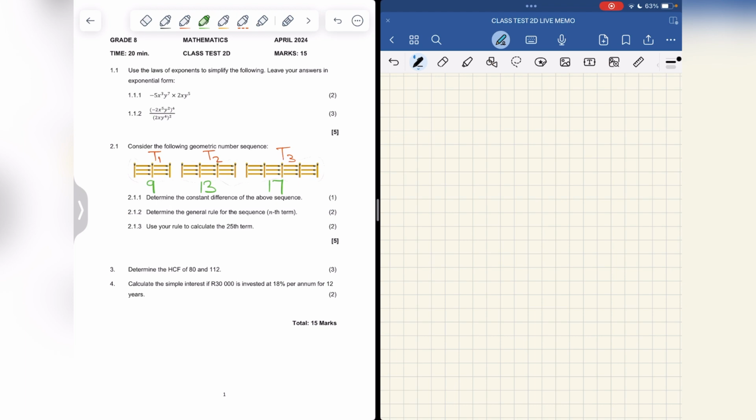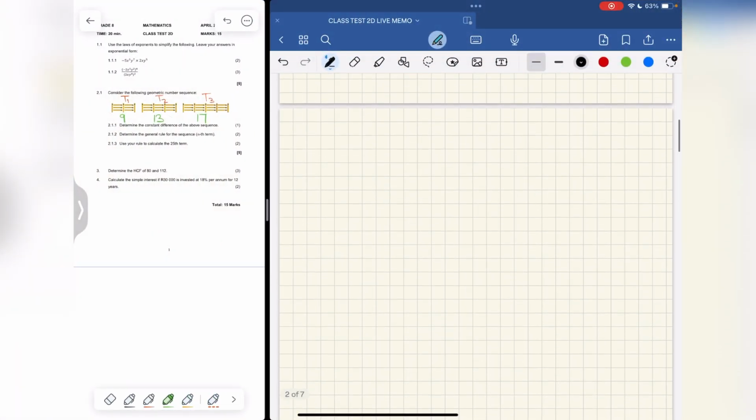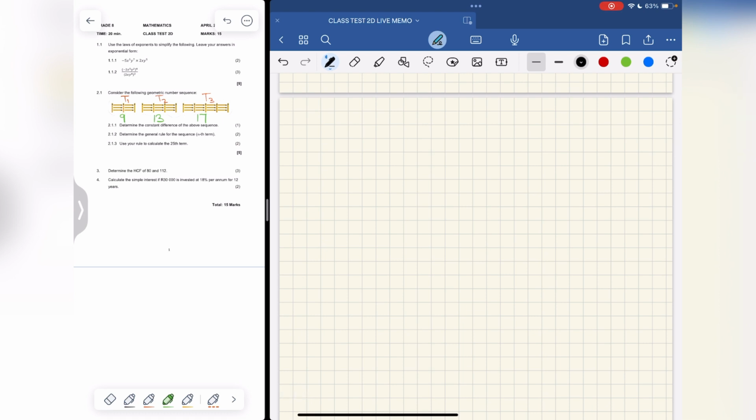So if I transfer that to our sheet over here, 2.1.1, we have a pattern or sequence that starts with 9, goes on to 13, and goes on to 17, and may continue. The first question is to determine the constant difference of the above sequence.